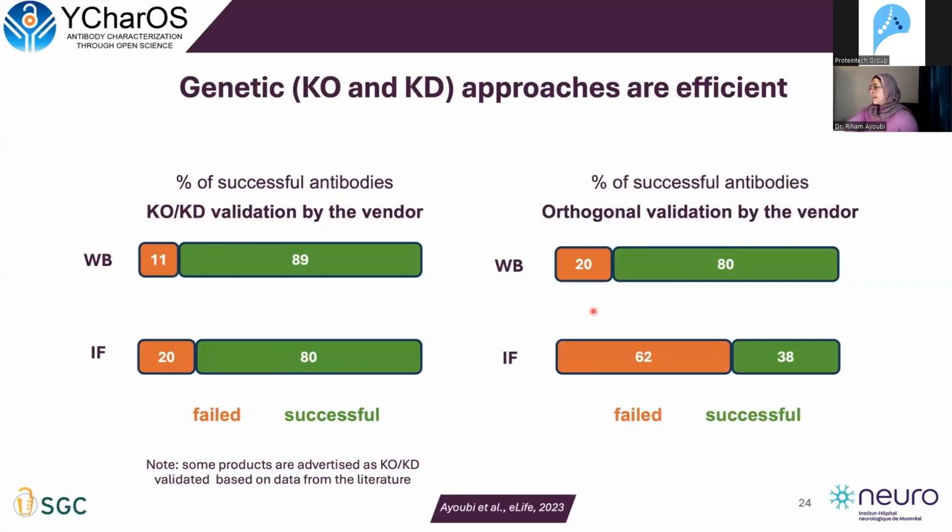On the other hand, when we compared our knockout results to orthogonal validation by the vendor, only 38% of reagents passed the YCharOS knockout test in IF, and 80% still passed the Western blot testing.